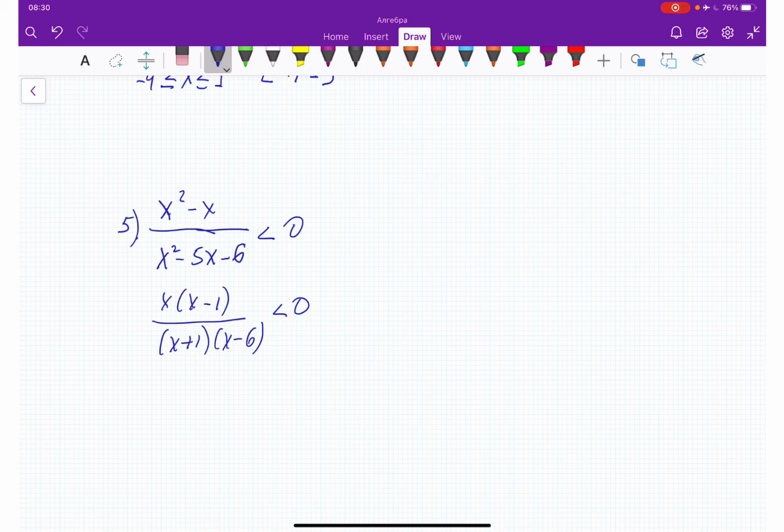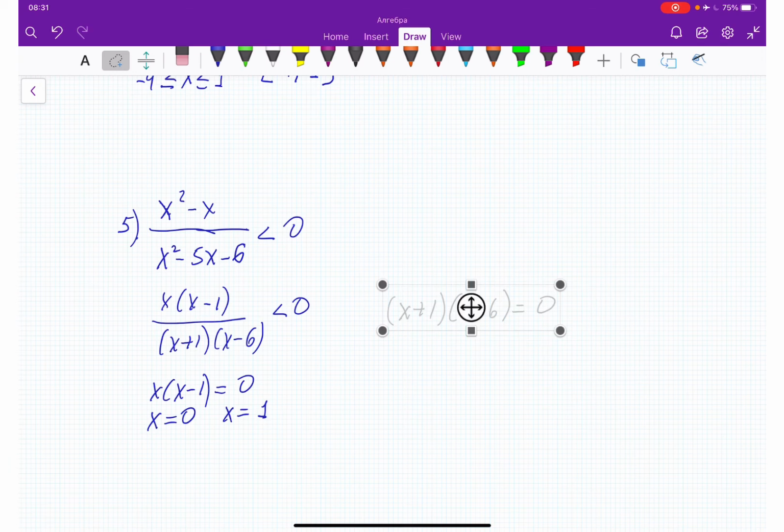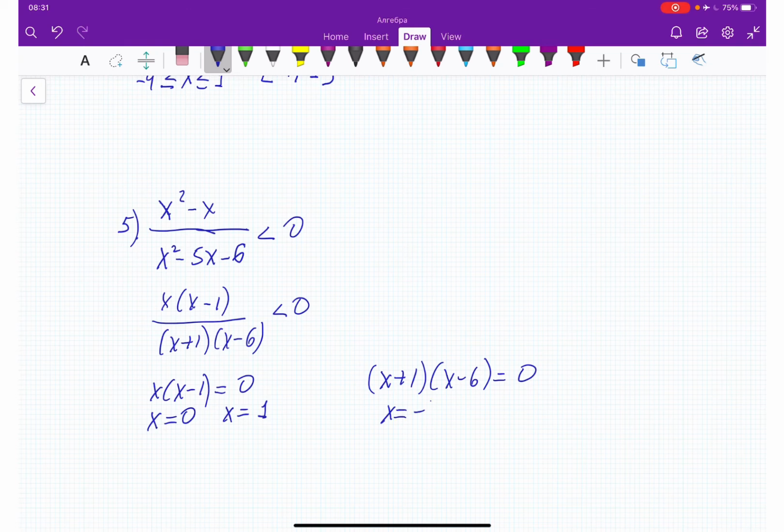For the denominator, x times x minus 1 is equal to 0, so x is equal to 0 and x is equal to 1. Yes? And for the numerator, x squared, x plus 1 times x minus 6 is equal to 0. The solution is going to be -1 and x is equal to +6.